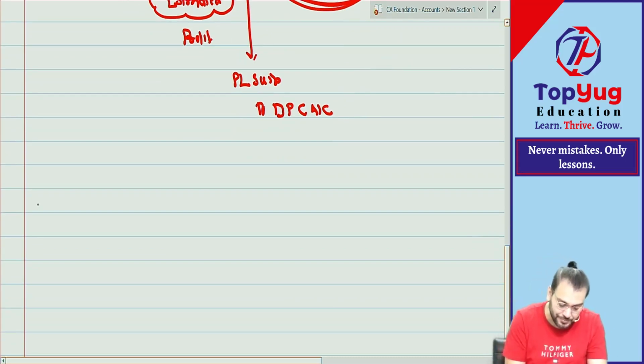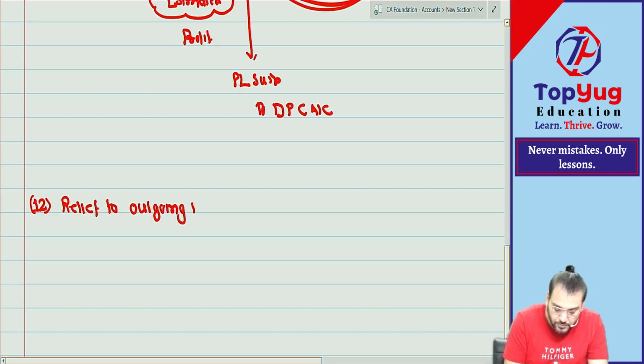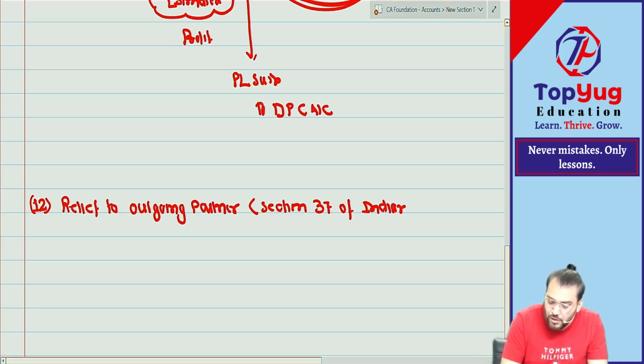Point number: relief to outgoing partner. Which section of which act have you done or not done? Now remember, why did you forget?